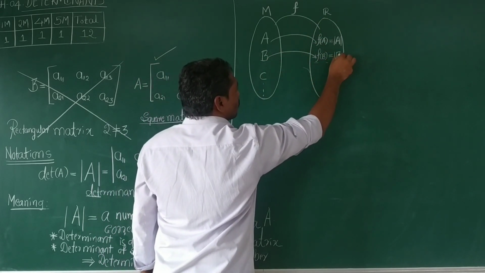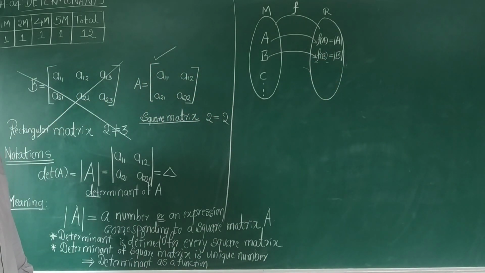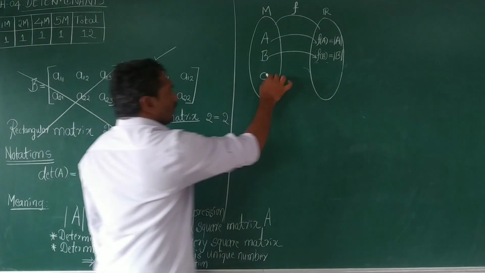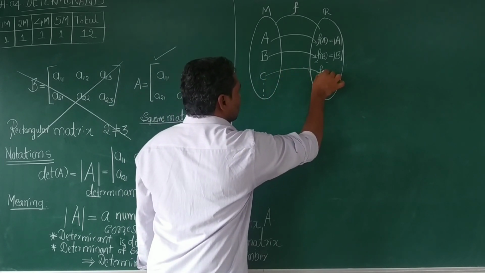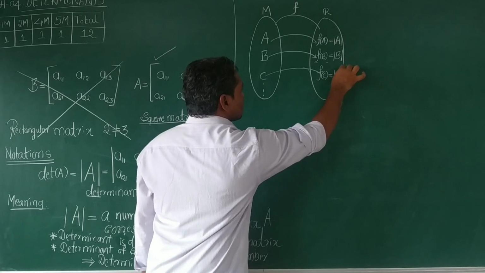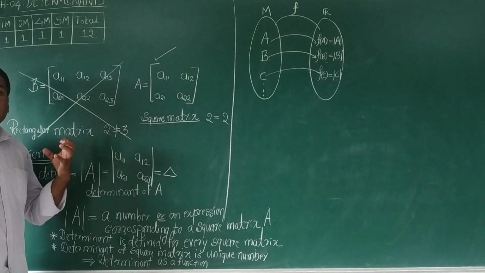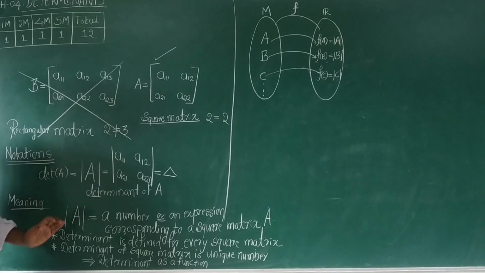Therefore you can use the notation for that function as determinant of B. Similarly, the image of C, that is a square matrix under this determinant function, is considered as this. So this is the meaning of a determinant as a function.